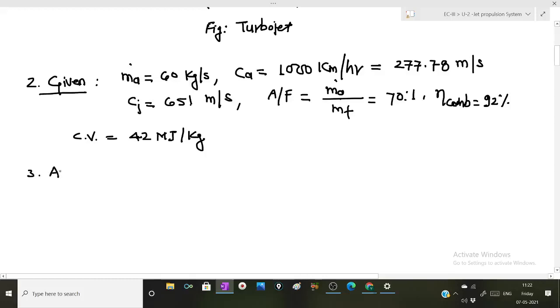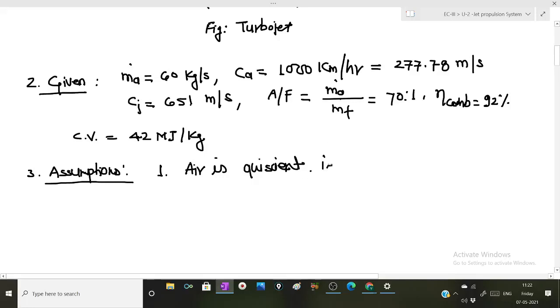Number 3, let us make one or two assumptions. So assumption number 1 is air is quiescent, that is air in which turbojet engine is moving is quiescent.